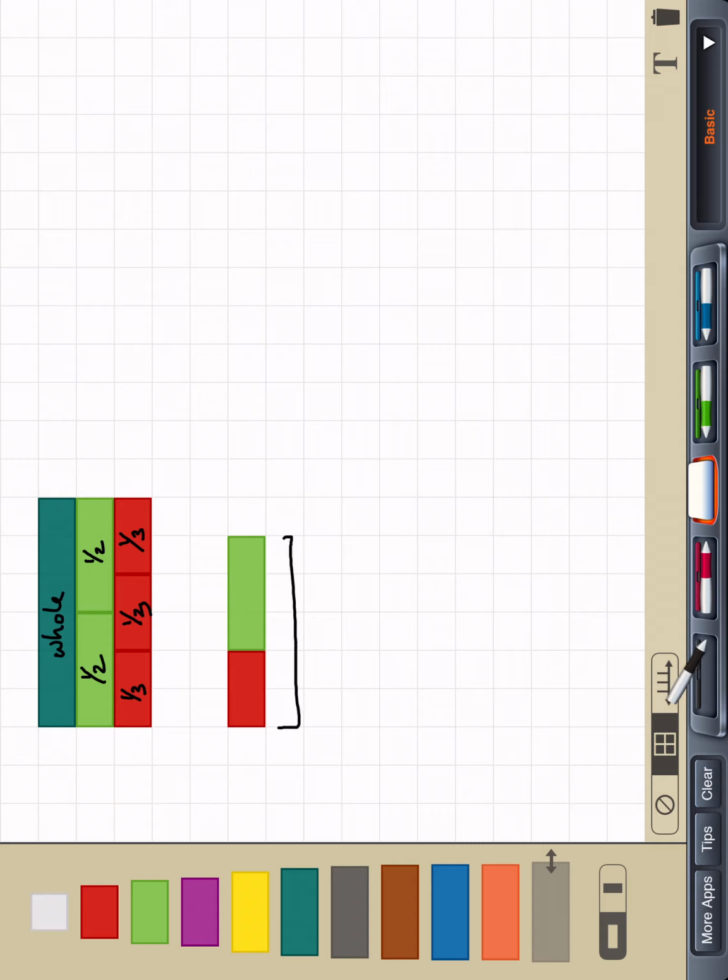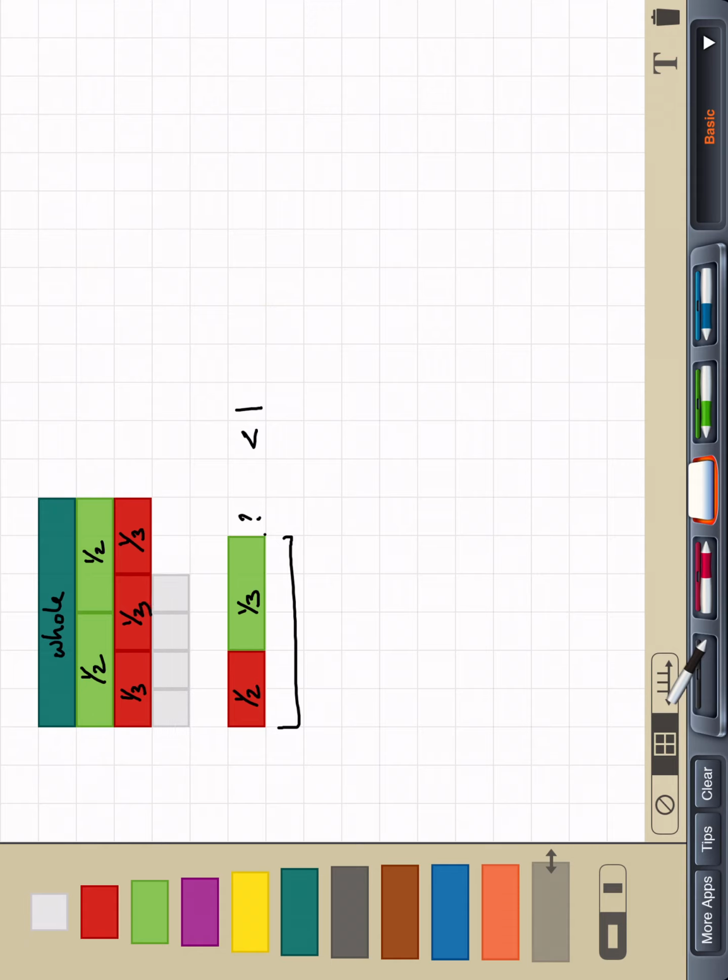Now, the 1/2 plus a third is this amount. Well, is it less than 1 or greater than 1? We know that the whole is this piece, so it's going to be less than 1. This is 1/2 plus a third. Now, how could I possibly figure out how much all of that is? Because I have this missing piece, and I don't even know how to express it. But I could look at these gray pieces.